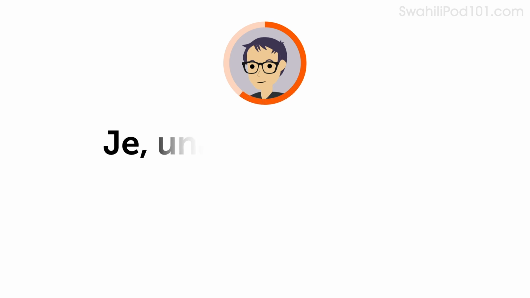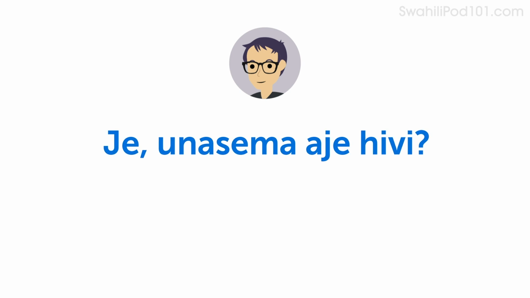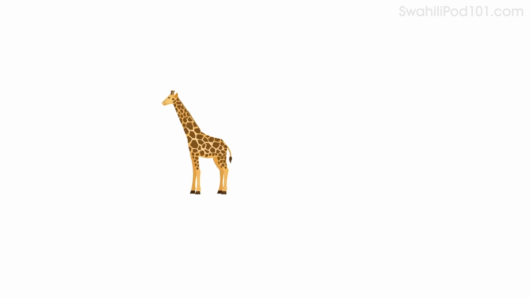Okay, now it's your turn. Do you remember how to say, "How do you say this?" Je, unasema aje hivi? Imagine it's the word giraffe. Do you remember how to say giraffe? Twiga.